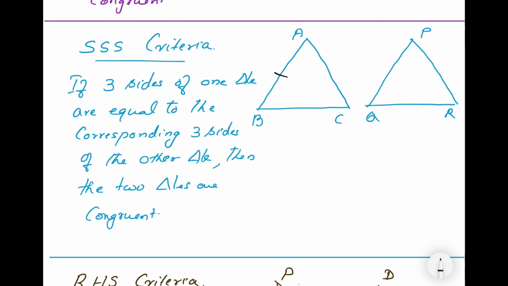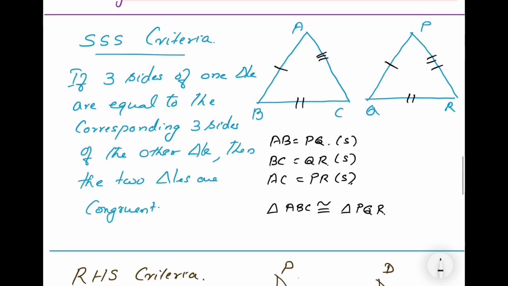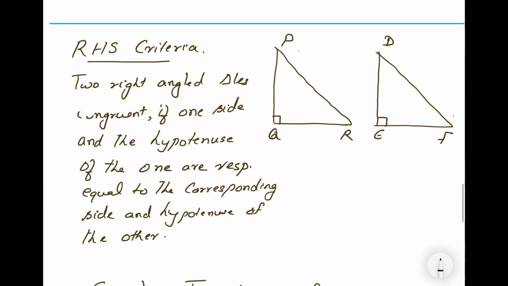So AB is equal to PQ, BC is equal to QR, and AC is equal to PR. Therefore, triangle ABC is congruent to triangle PQR, using SSS criteria.